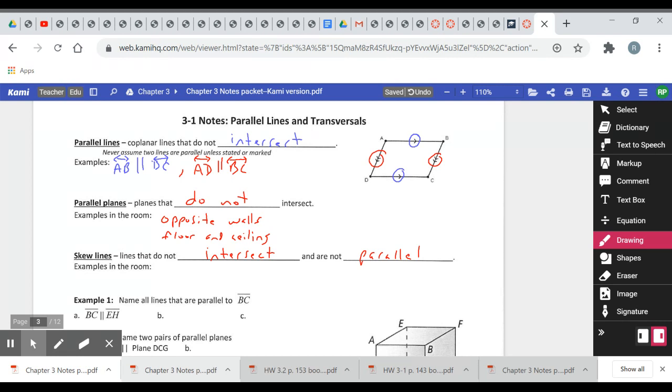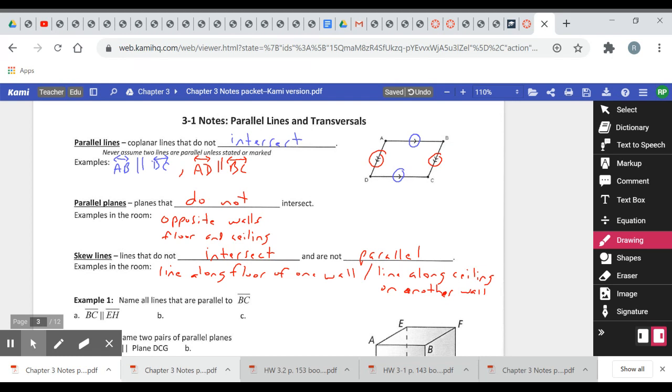So for an example in the room, I guess it's kind of hard to show you right now, but look at a line along the floor of one wall in your room, and now look at another wall and look at the line along the ceiling of the wall beside it.